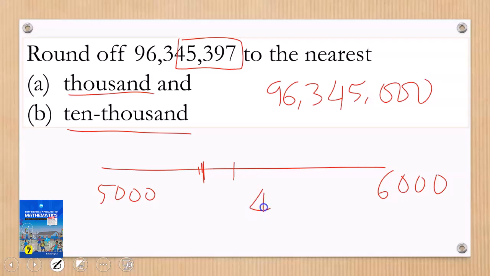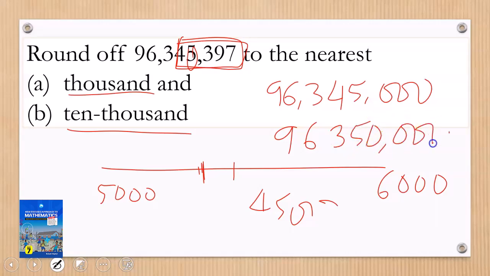So is this 45,397 closer to 40,000 or 50,000? That's the question. You can say it is more of 50,000 than 40,000, because the digit here, the 5,000, is 5,000 and above. So this answer becomes 96,350,000. That becomes our answer.